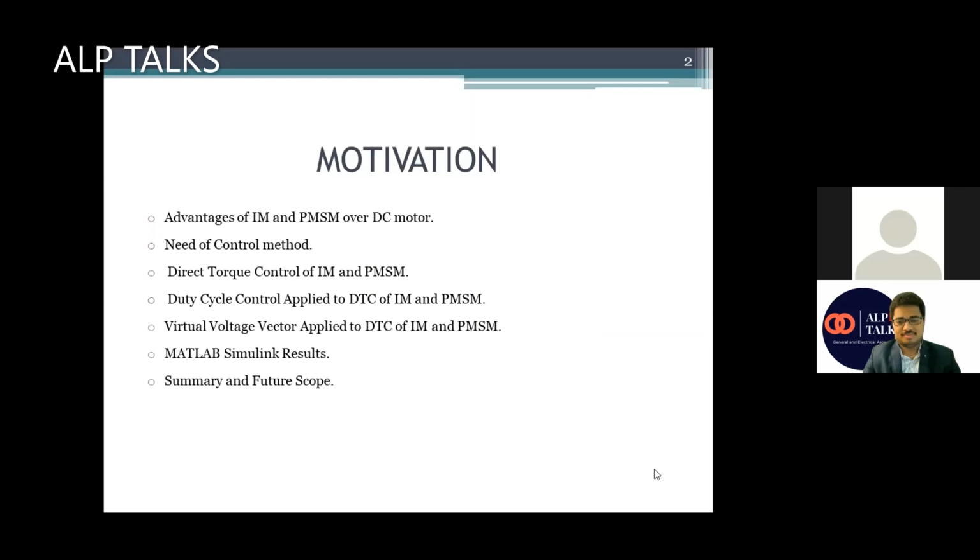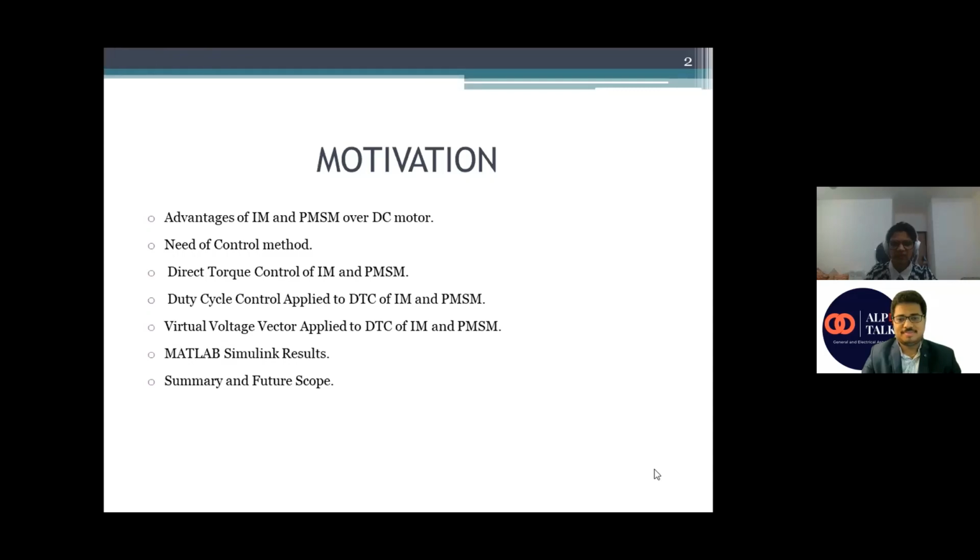First we'll see the motivation for today's topic: why we are using AC motors over DC motors, and what is the need of the control method that we are using. Then we'll see what direct torque control is and what the proposed methods are, such as duty cycle control and virtual voltage vectors that we apply to DTC. At last, we'll see the MATLAB Simulink results, and the summary and future scope of the topic.